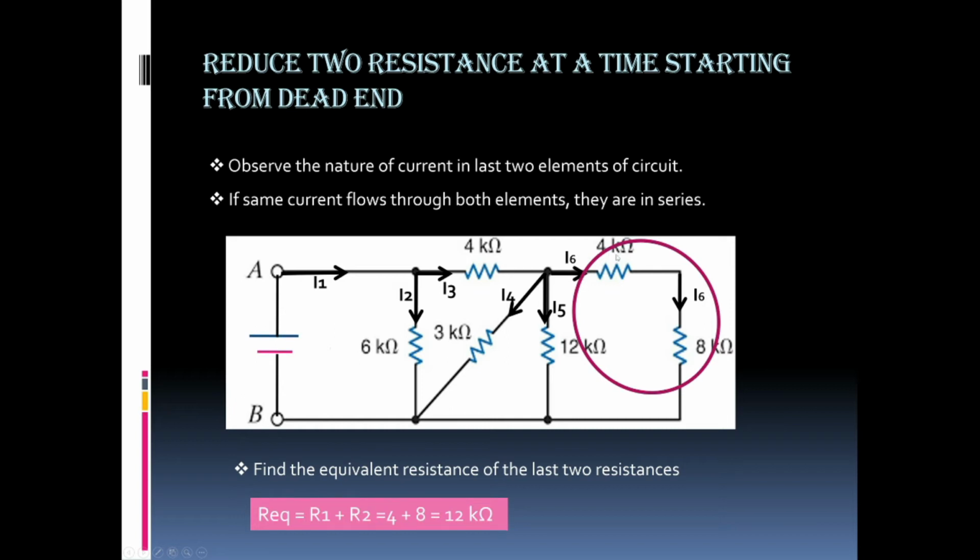I6 flows through the 4 kilo ohm and I6 flows through the 8 kilo ohm. So they are connected in series, since the same current flows through both resistors. How do you find the equivalent resistance? You just have to add both resistances. So it will be 8 plus 4, which is 12. So the equivalent resistance is 12.